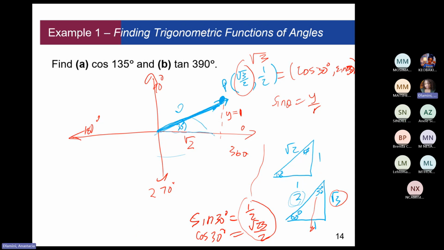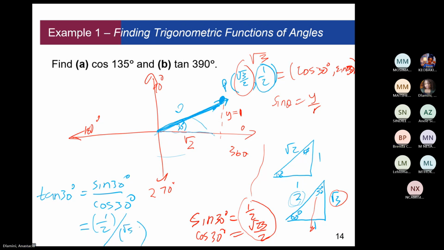She's saying that because tan of 30 degrees is equal to sine of 30 degrees over cos of 30 degrees, sine of 30 degrees is 1/2, divided by √3/2. So this is equal to... no, ma'am, 1/√3.